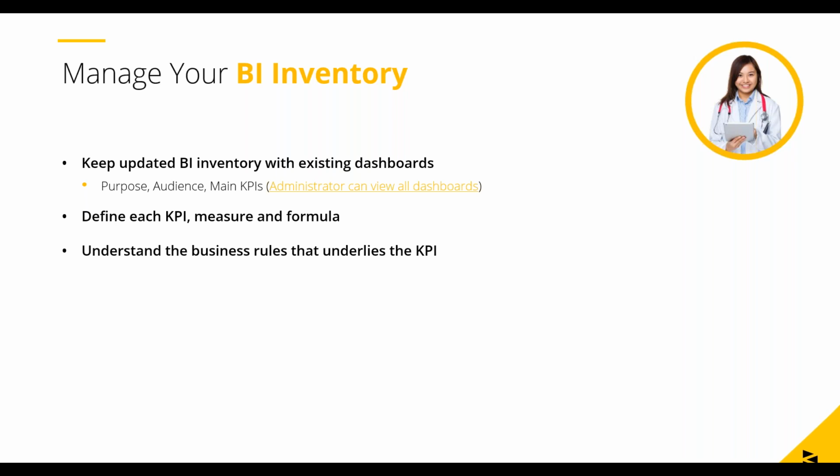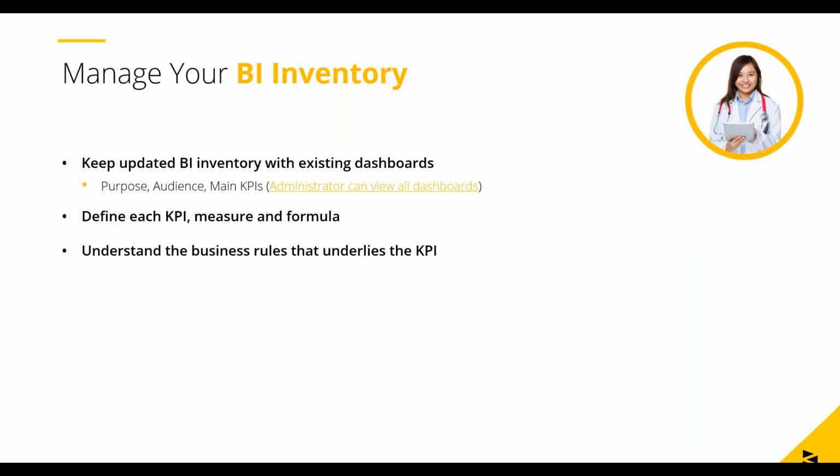And the second part of it is at least provide to the end users the business rules of what they are looking at. So for example, if you're looking at an indicator that has a traffic light, what does the color mean? What does red mean? What does yellow mean? When should I be worried?